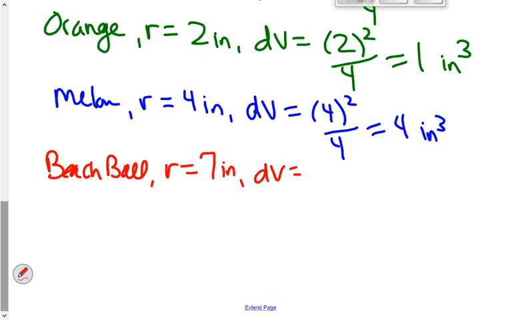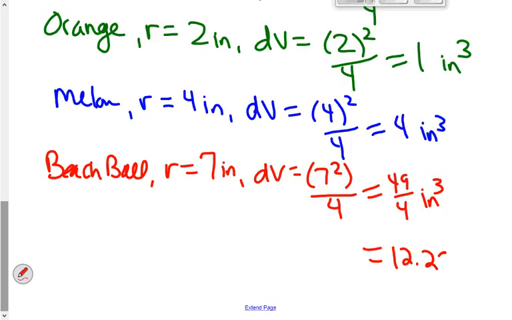So dV is going to be 7 squared over 4, or 49 over 4 inches cubed. And what's that going to be as a decimal? It's actually something you could figure out on your own without your calculator. What is it, Rebecca? 12.25. Good.